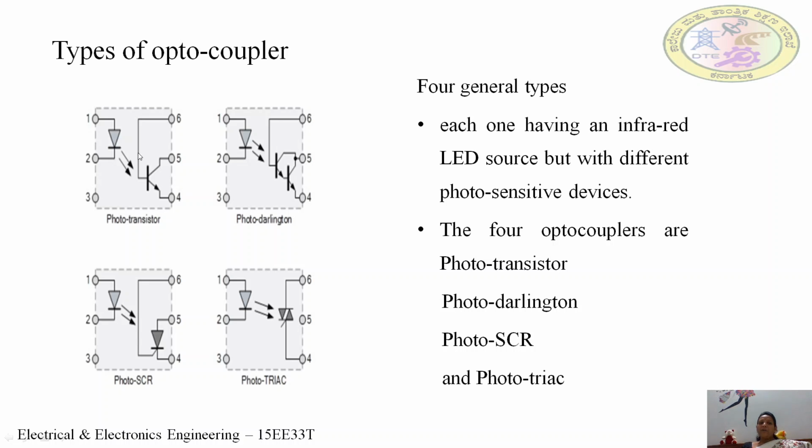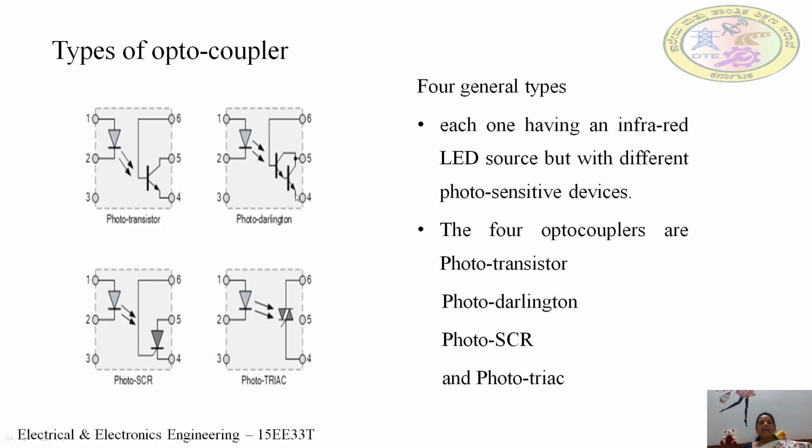In an optocoupler where we use a phototransistor as the light detector or light sensor, that optocoupler is called the phototransistor coupler. Similarly, a photo-Darlington. Darlington shows the connectivity.